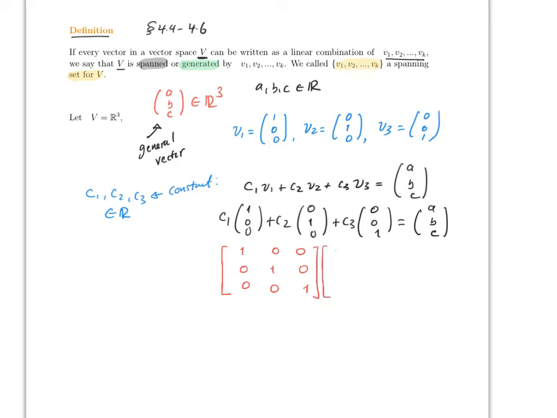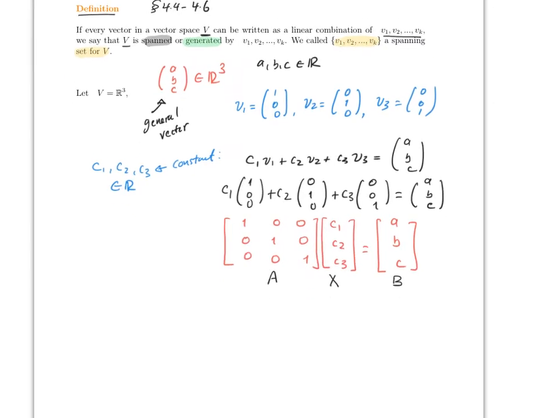And then here you will have C1, C2, C3. And this is equal to A, B, C. So this is very similar to the review of what we did in linear algebra. This is technically A. You can call this X and this B.